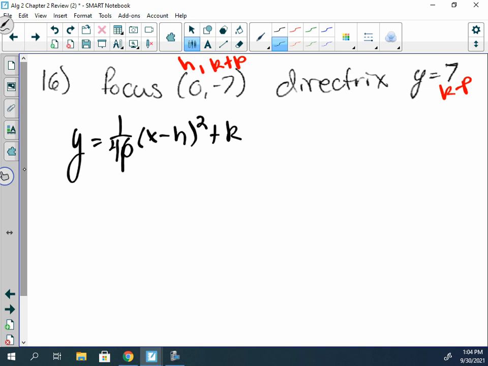What's the value of h and k? And k is? Now, it didn't directly tell me k. It did tell me h is 0, yes? But I'm saying that k plus p is equal to -7, yes? I'm also saying that k minus p is equal to 7. What's the only number that I can add or subtract from and get the same number? 0 minus 7 is -7. 0 plus 7 is 7.